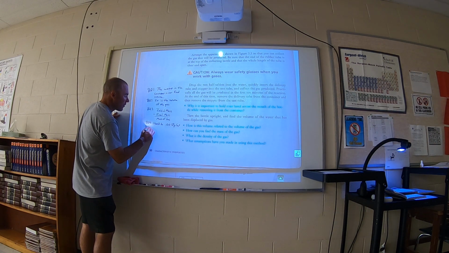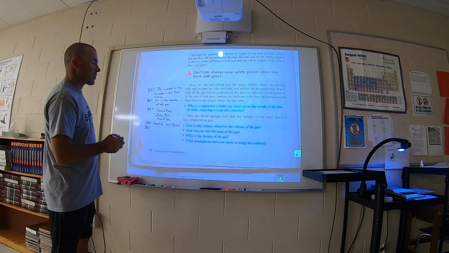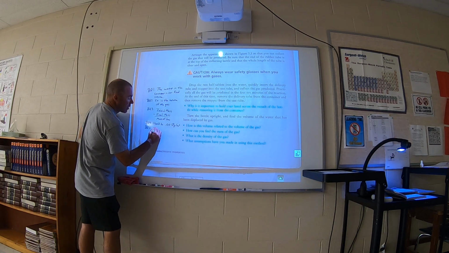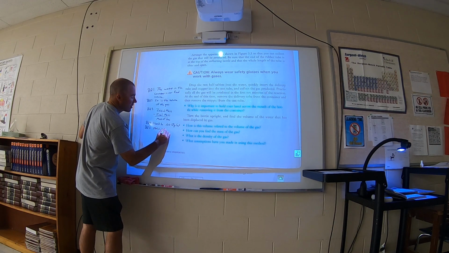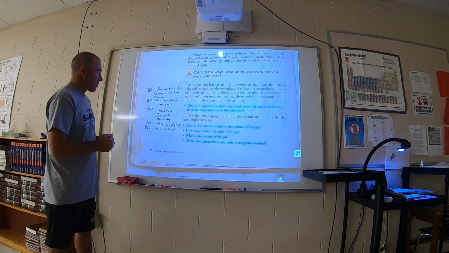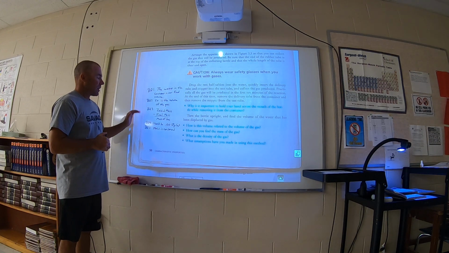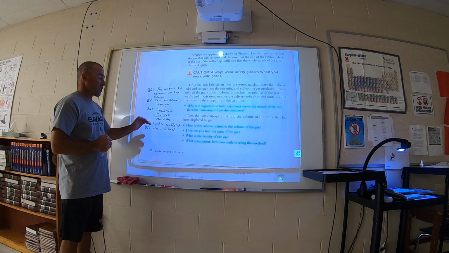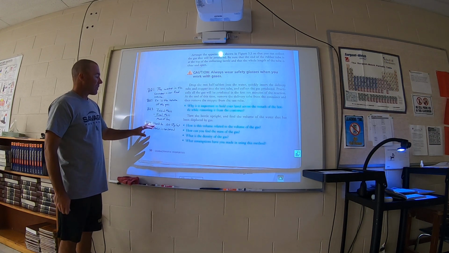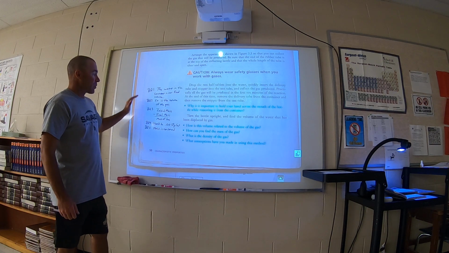And then number 5, what assumptions have you made in using this method? Well, there's a couple things we've assumed. First of all, mass is conserved. We know from last chapter that as long as we have a closed system, mass should be conserved. And so as long as there weren't any leaks, the mass we started with, we should have ended with.